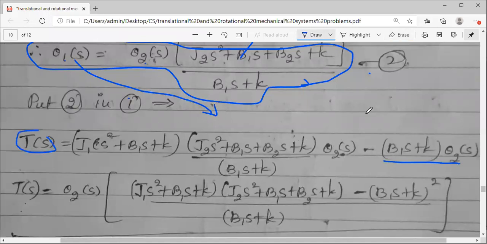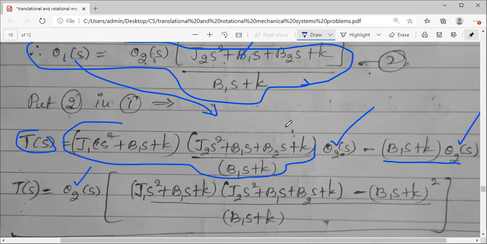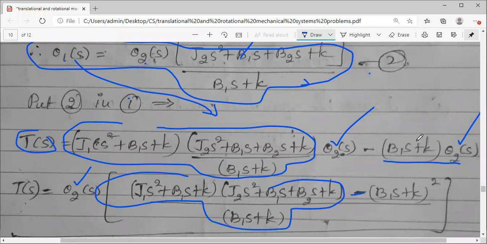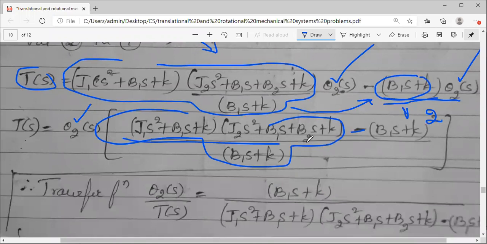T is there. Theta 2 is common in both the terms. So take out theta 2 here. You will be left with this complete term that I have written here minus this term. And since you don't have anything here, it is 1. Take the LCM, just cross multiply this. This will become a square, taking the LCM. So if you take the LCM throughout, you can write it like this.